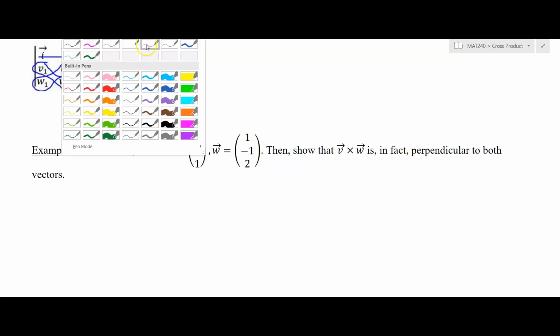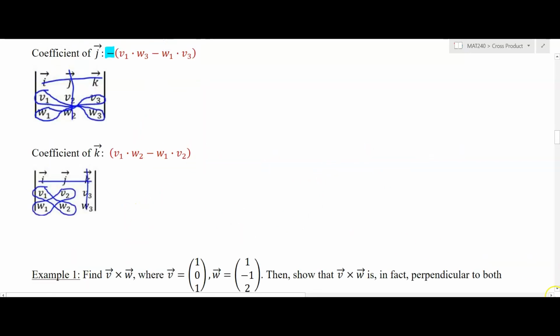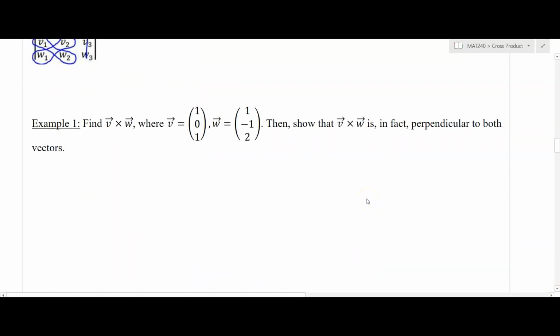To create this, we're going to set up that determinant matrix and find the I, the J, and the K components. So V cross W: the first row is going to consist of I, J, K, and the second row is going to consist of the components of the first vector listed, 1, 0, 1.